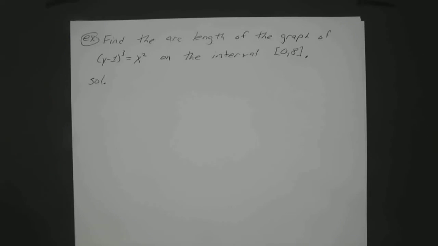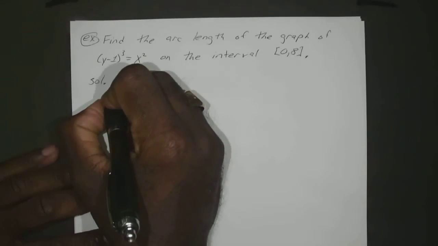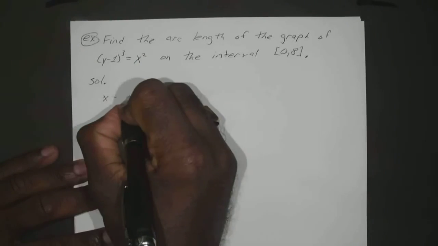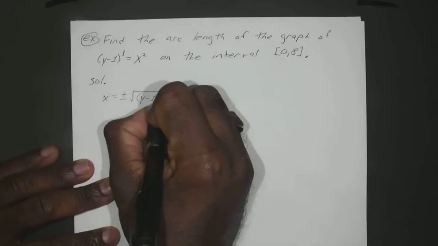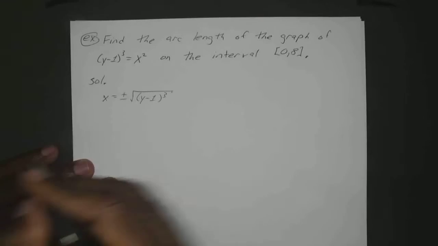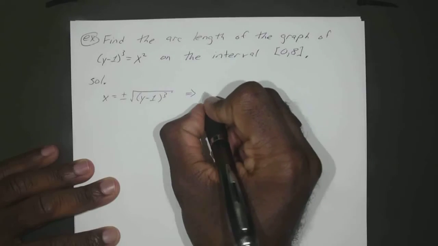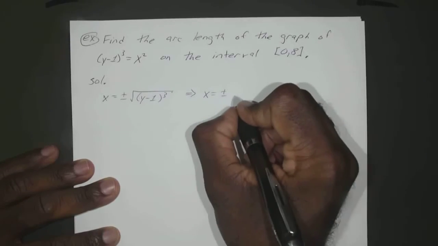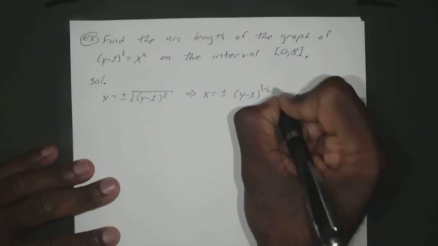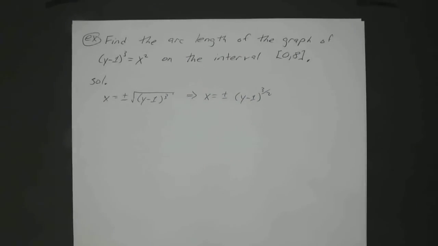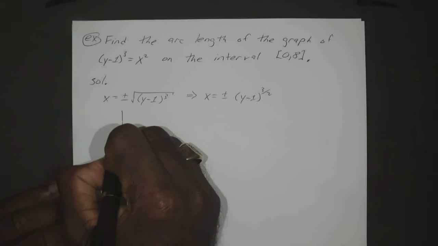Okay, so if we square root both sides, we have x equals plus or minus the square root of y minus 1 to the third. Or we could just rewrite it as x equals plus or minus y minus 1 to the 3/2. Now from 0 to 8, this graph actually looks like this.